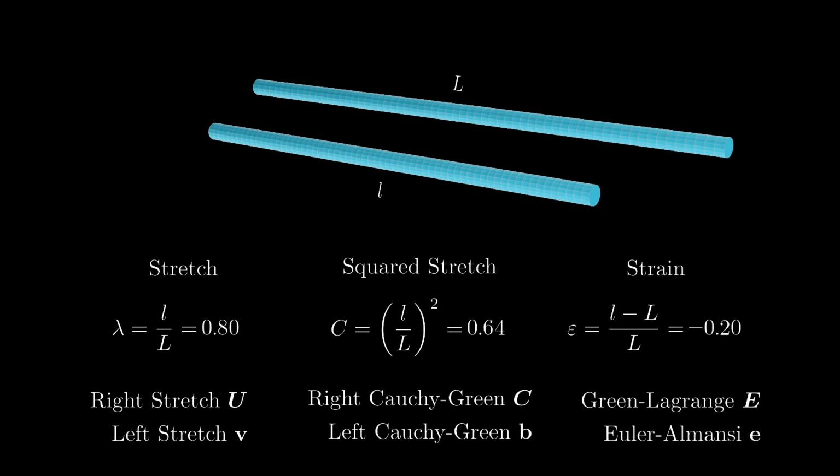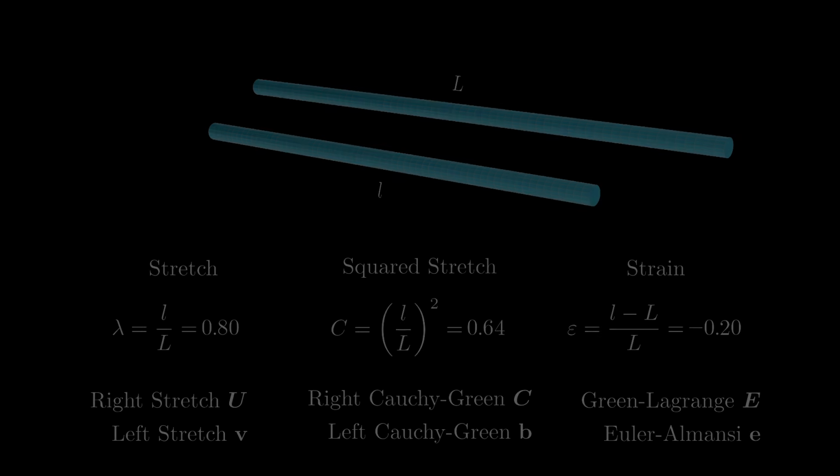Seeing all these tensors for the first time can be intimidating. Why are there so many different tensors and what do they mean? How do they differ and what do they have in common? And why the hell can't we agree on just one measure of strain as we do in the small strain theory? It took me a while to realize that there's really no reason to be intimidated. In this video I want to show you why.